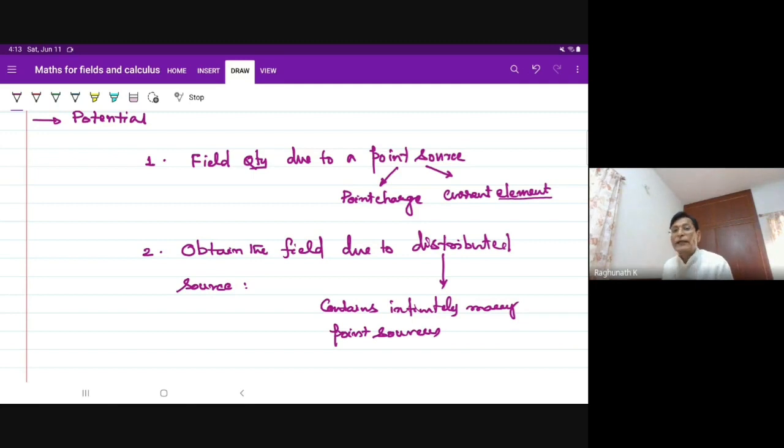Every source that creates the field, irrespective of whether it is electric or magnetic field, in practice is distributed.